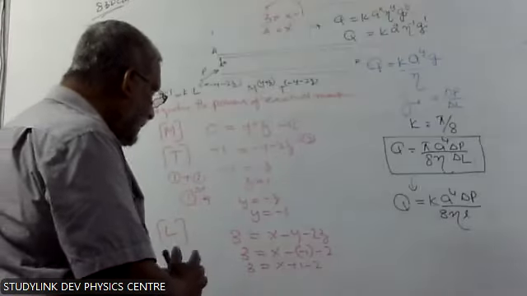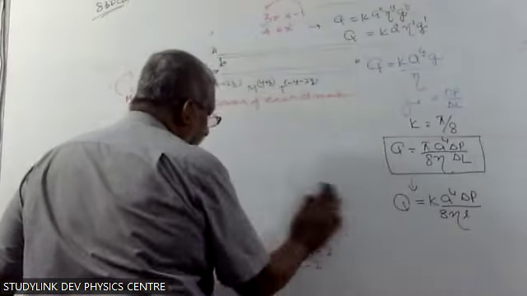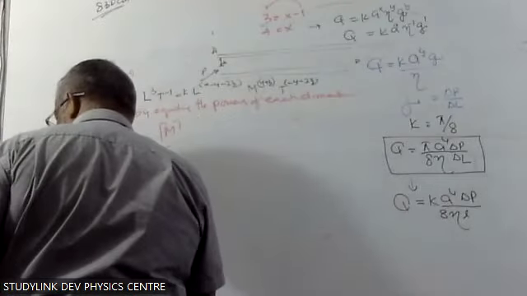In certain cases, delta P is written as P1 minus P2.